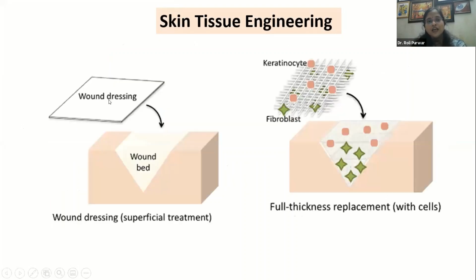If we have a normal wound dressing material and a very deep wound bed, that dressing will take a lot of time to heal the wound. But if we have skin tissue engineering material over which we have already grown cells, and we transfer it over the wound bed, it has faster growth and we can have wound healing in a very short time.